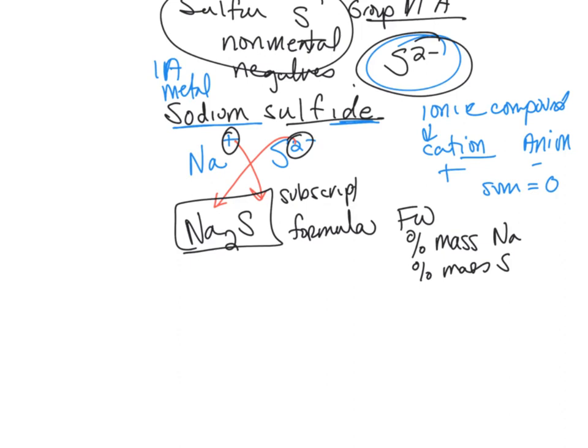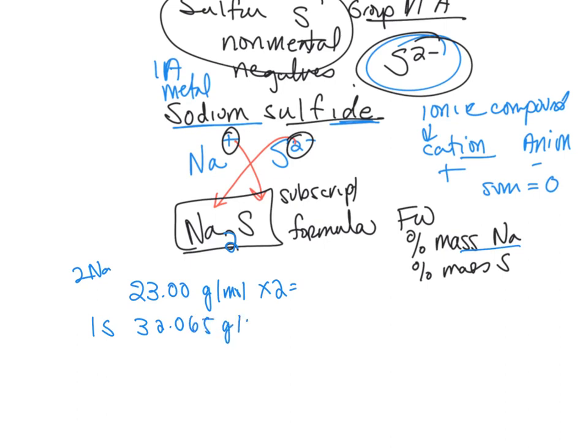Okay, so sodium, if you look at the average atomic mass, you see that that is 23, and that rounds to 23 gram per mole. And there's 2 of them, because of the subscript there, so times 2 for sodium. And then sulfur, there's 1 sulfur. If I look at sulfur, I see that this is 32.065 grams per mole.